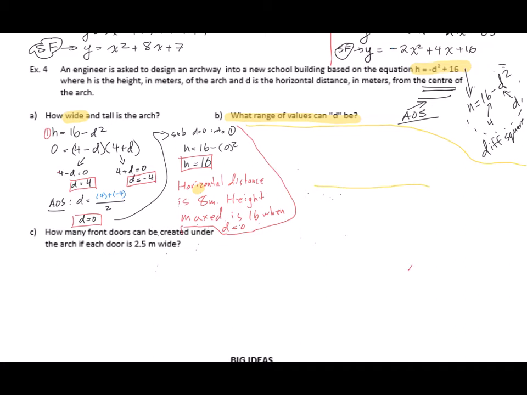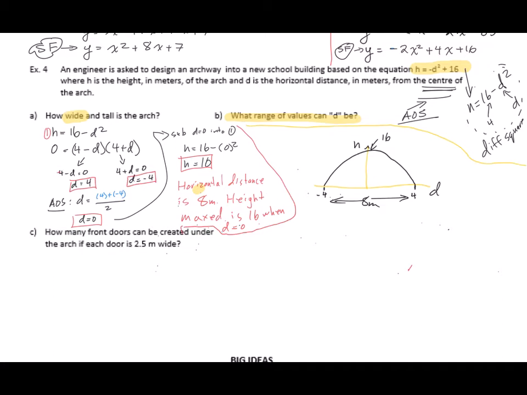Here's our x-axis, and then we have an arch centered about the axis, where our distance along the ground is negative 4 for our first intercept, and our second intercept is at 4. And that's how we ended up with a distance of 8 meters between those 2 points. And then our maximal value ends up at 16 on the h-axis.